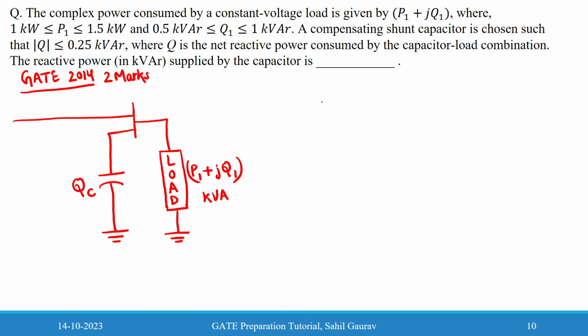Then the reactive power supplied by the capacitor is how much? You have to find QC. Suppose you take the net reactive power as Q2. Then it is better to write QC in terms of Q2. So Q2 will be Q1 minus QC, sorry, QC will be Q1 minus Q2.